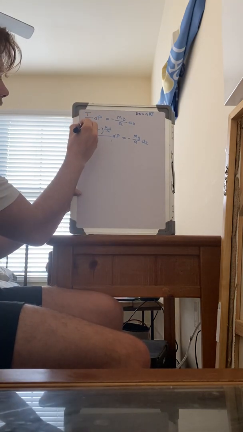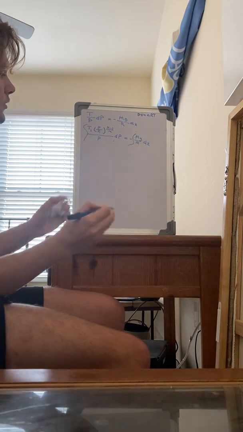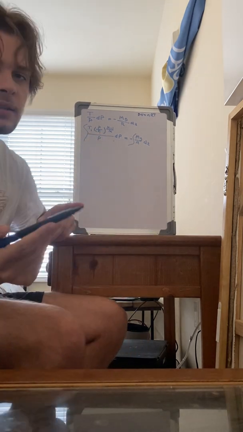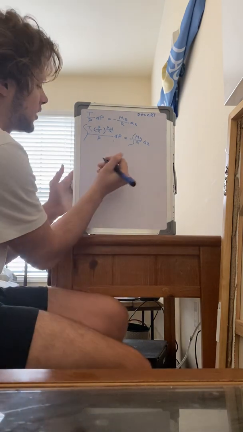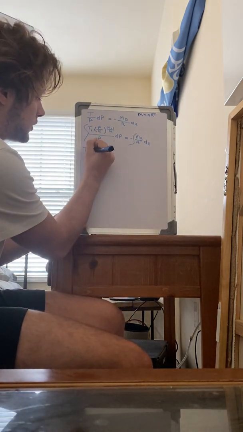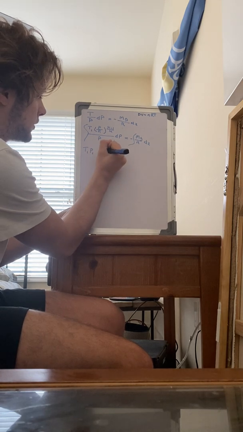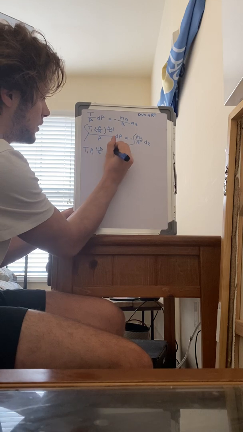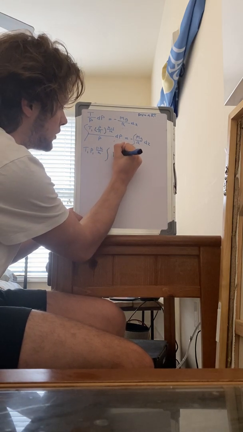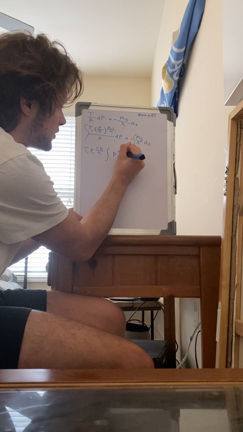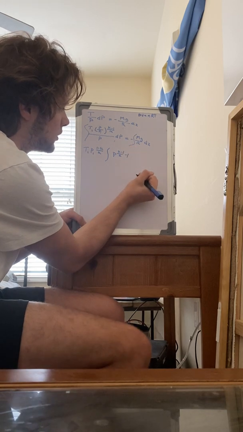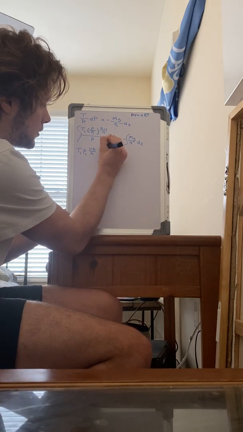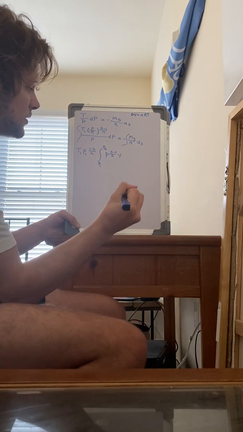Now I just take the integrals, and like I said before, our T1 and P1 are constants because they're our starting temperature and pressure, so they can come out of the integral. So T1 over P1 to the 1 minus K over K is going to be equal to P to the K minus 1 over K minus 1. And we're going to go from P1 to P2.